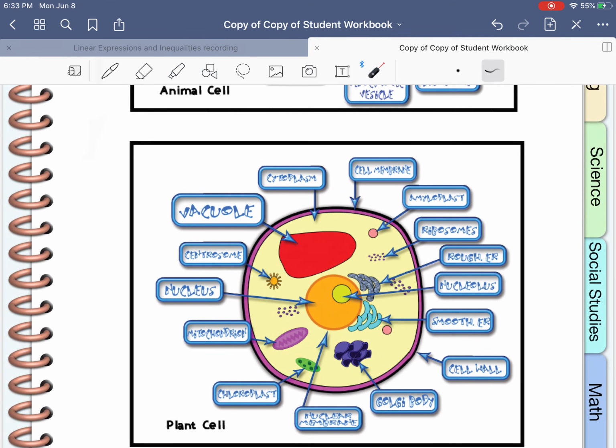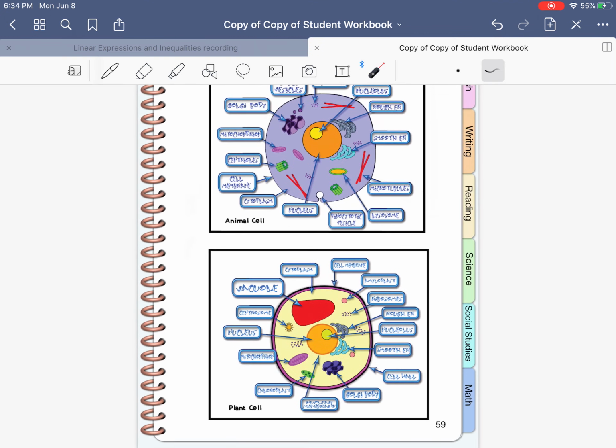You see that the plant cell also has a nucleus. There are studies in criminology where suspects have been matched to crime scenes by taking the DNA from a plant's nucleus. The cells in the plants have nuclei. You open those up and you can get the DNA from the plant. So some of these structures are similar, some are not, and we'll look at those as we go through.